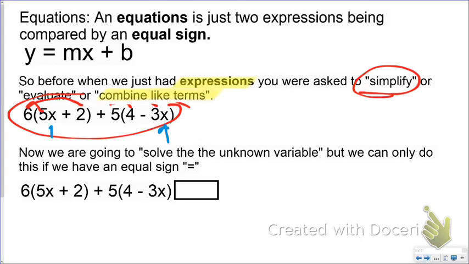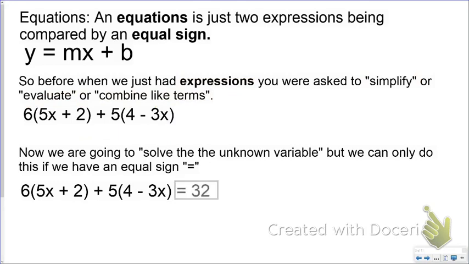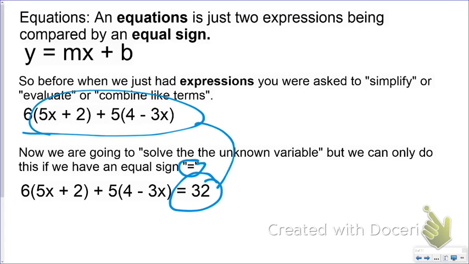We'd never know what x is equal to. Now, we can take this expression and put one thing on it, make it an equation with an equal sign. Now that I know what that whole expression is equal to, if it's equal to 32, then there is a solution for x that we can actually find, given this extra piece of information.